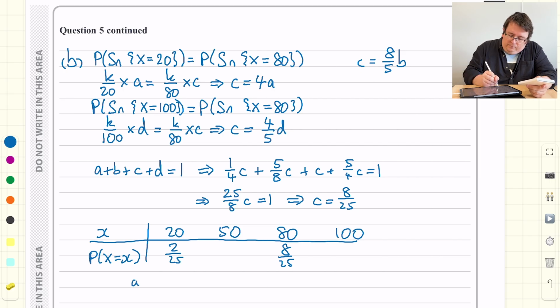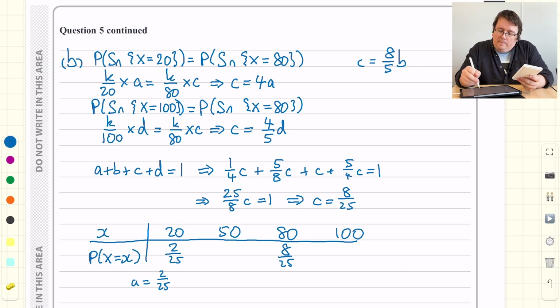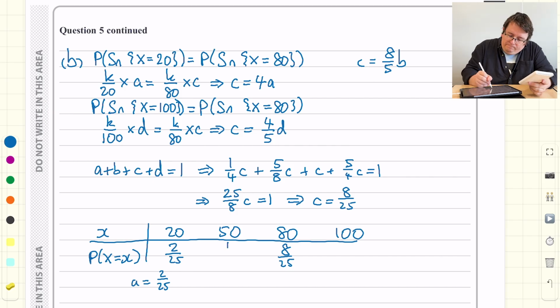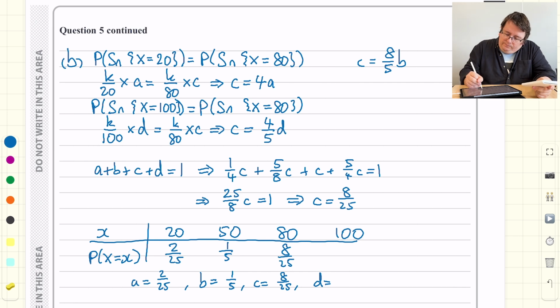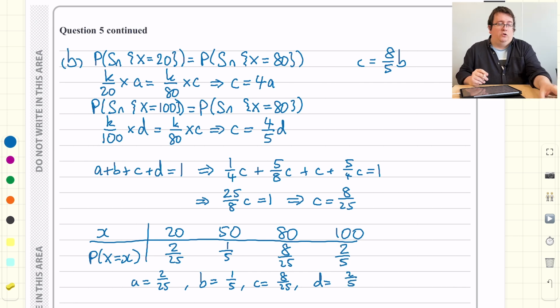So A is 2 over 25. B is 5/8 of C. So that's 1/5. And D is 5/4 of C, which is 2/5. And that's my probability distribution.